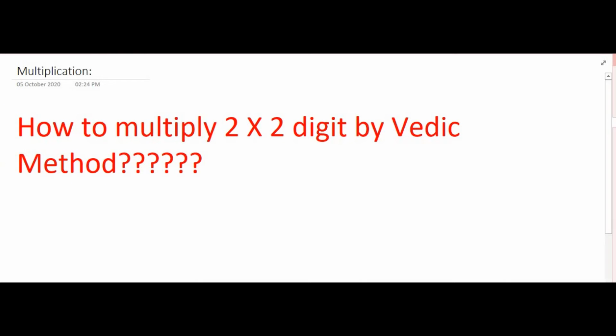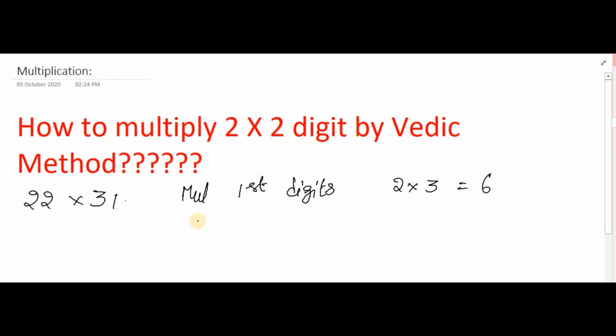So I'm just going to take a number that is 22 into 31. So very simple. First thing is you should multiply first digits. So 2 into 3, that is 6. And second thing is multiply middle digits and add.